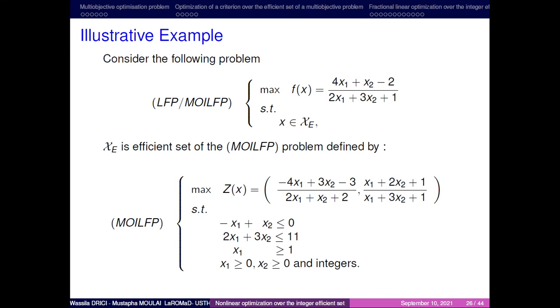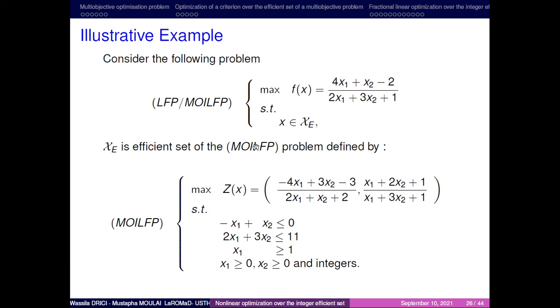Now, to illustrate how this algorithm works, we consider, for instance, the following problem. Max f(x) equal to (4x1 plus x2 minus 2) divided by (2x1 plus 3x2 plus 1), and the constraint x is an efficient solution.